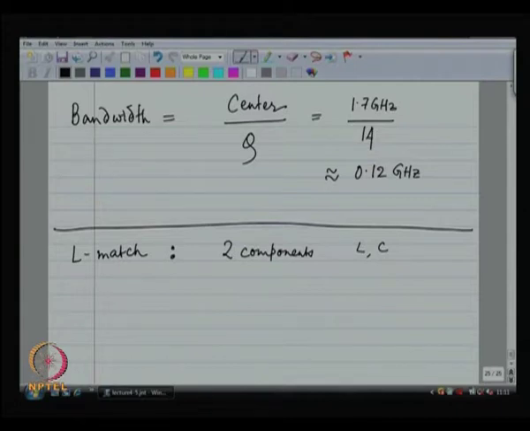Okay. So, what are the 2 equations related to? The first design equation is related to Q, and the second design equation is related to the center frequency. Okay. And the Q also happens to be directly related to the ratio of the load and the source resistance.